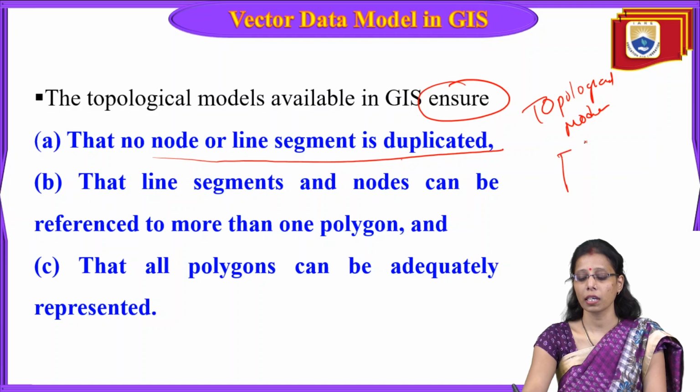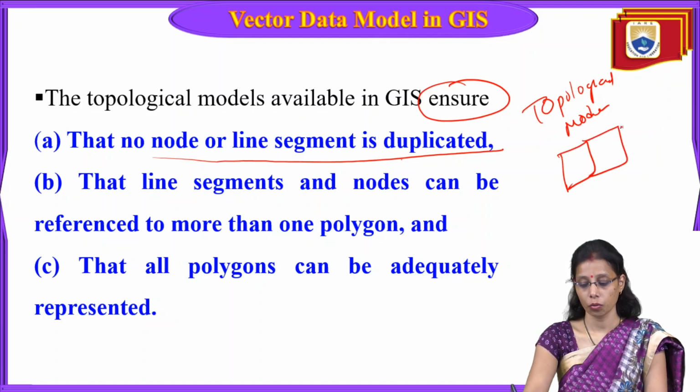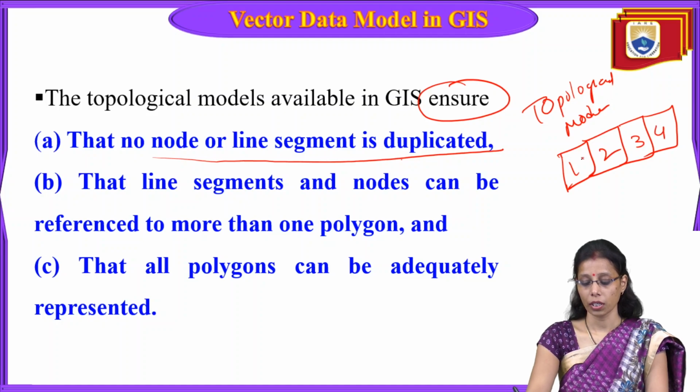That's what I was telling. This is 1, 2, 3, 4. Here you can see this is a common line, this is a common line, this is a common line. So there are no two lines. This is a common line, so duplication is not there.